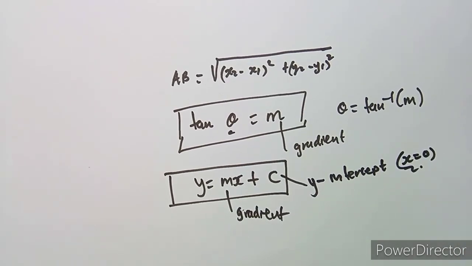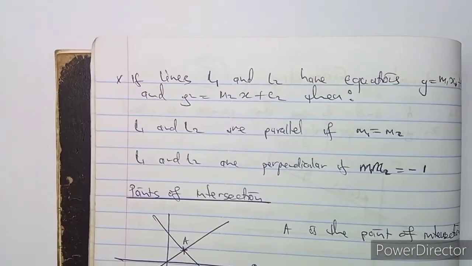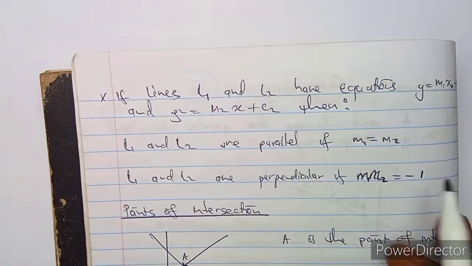There are so many things that we can talk about, but I just want to show the basics that we are going to work with. Then we are going to talk of lines.